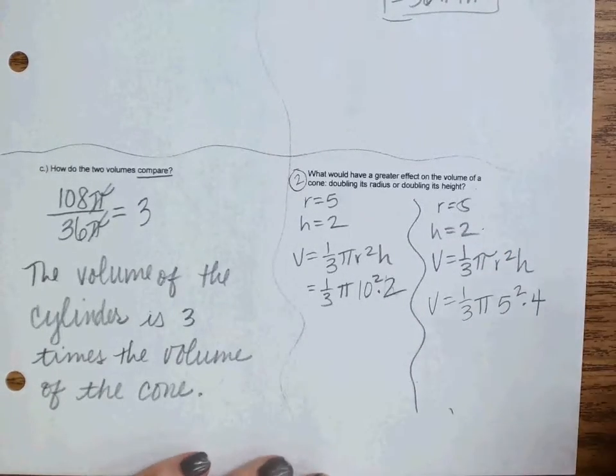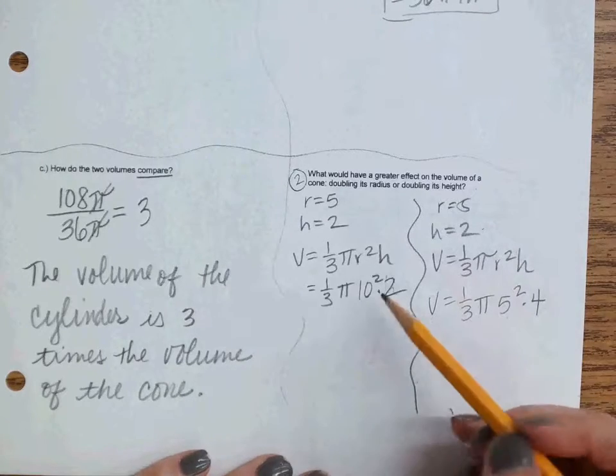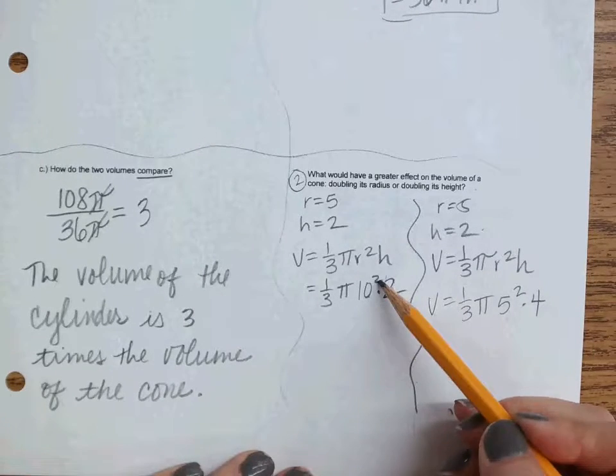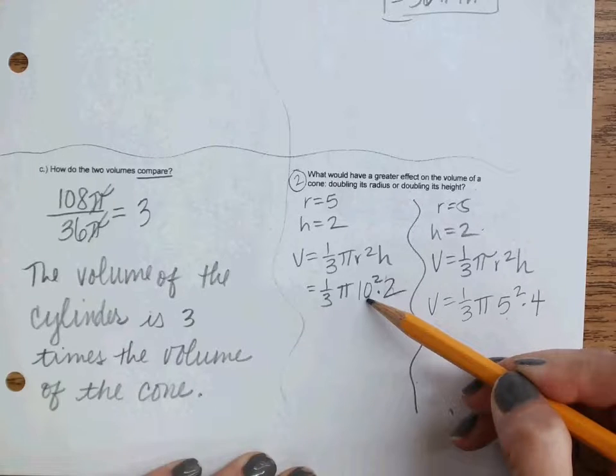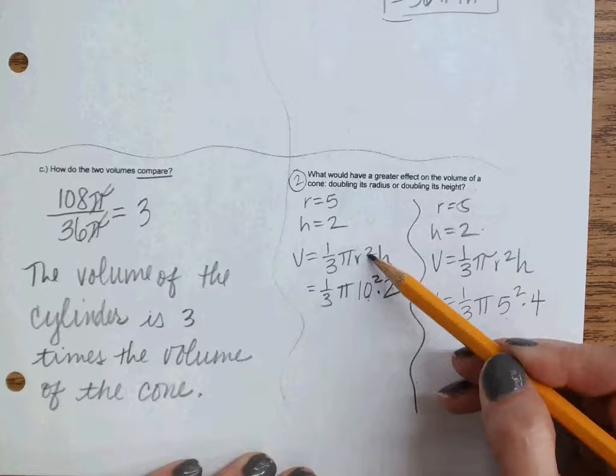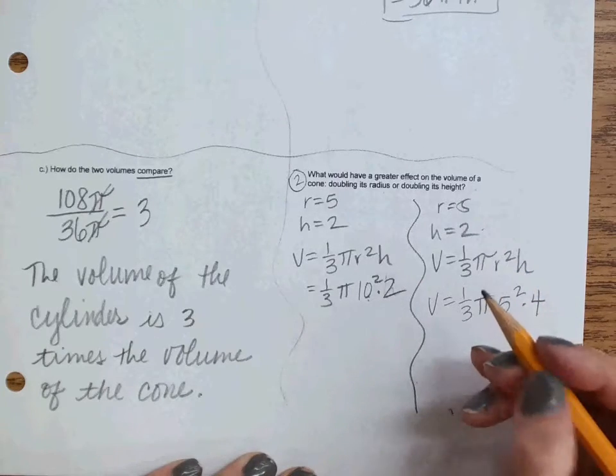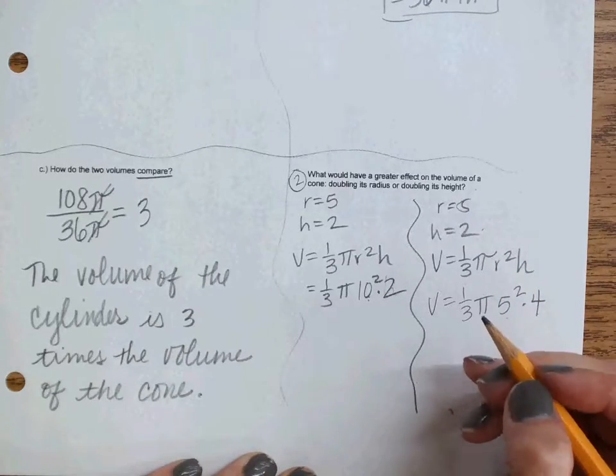And you think about, well, I double my radius and then it's still going to get squared versus I double my height and nothing else happens to it. Okay? Hopefully you see, well, by doubling my radius and then it still will get squared, right here I will have a greater effect.